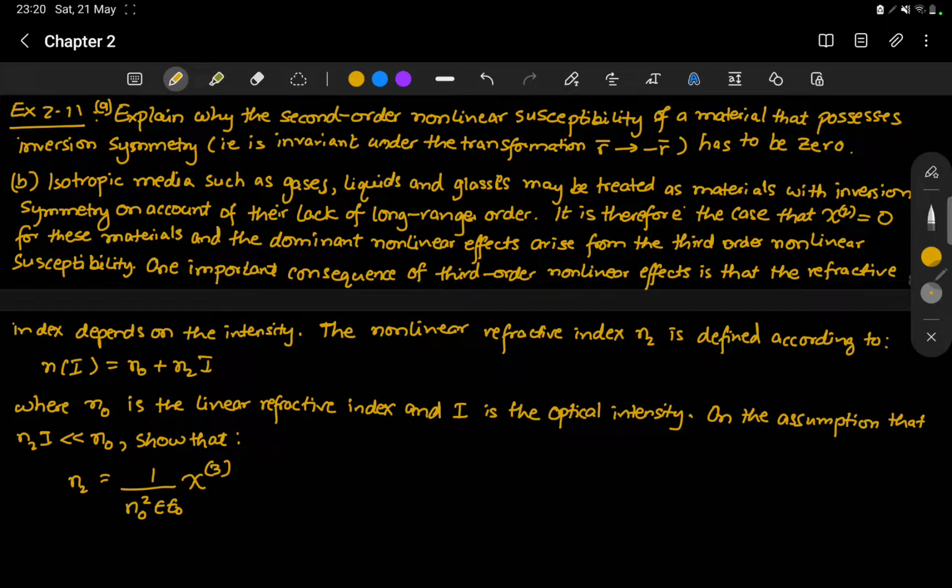So in such crystals, if chi2 is equal to 0, then the nonlinear effect would have to come from the third order nonlinear susceptibility.